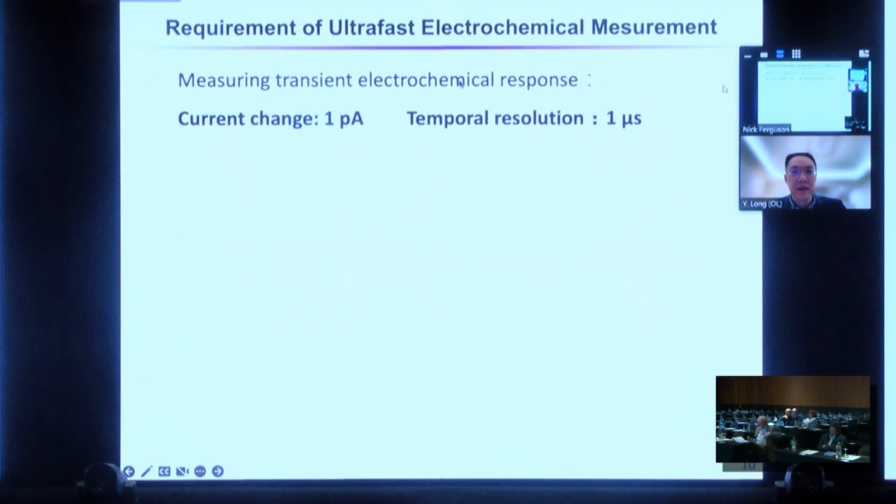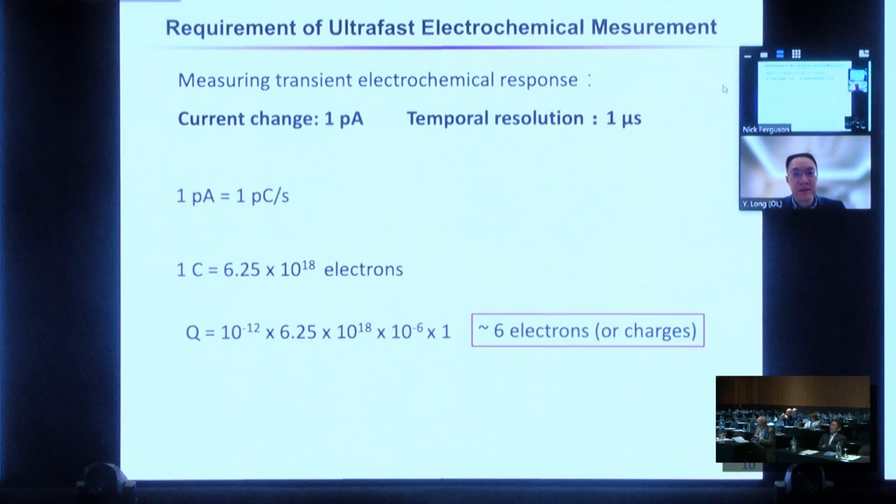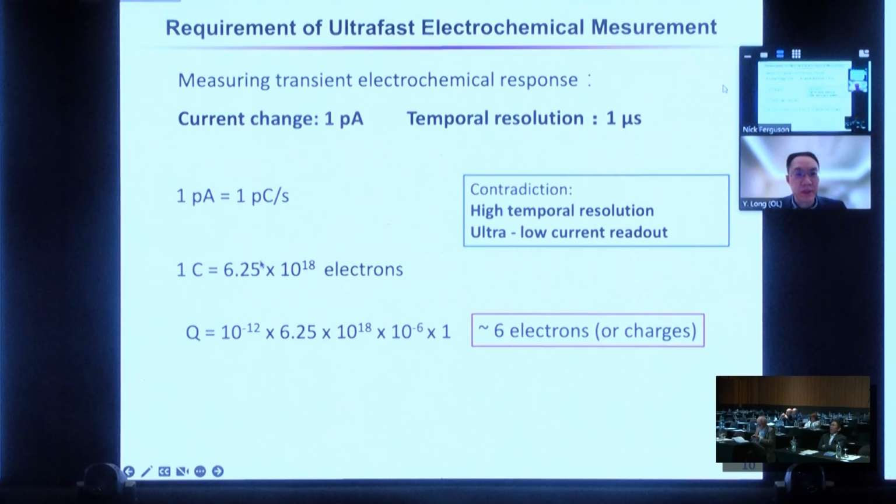For this measurement, we need a lower current measurement and a higher bandwidth. So we do some simple calculations. Under this condition, we need to measure several electrons or several charges changes.